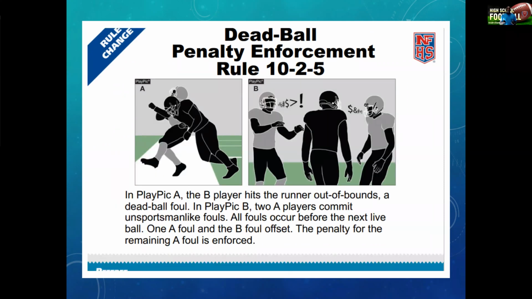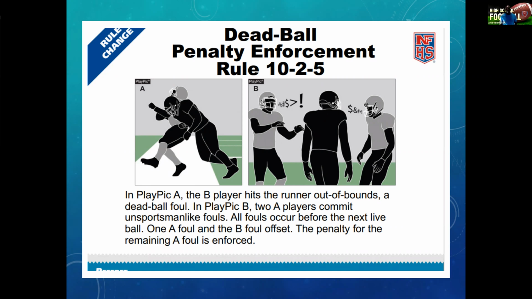Now, here's another instance. In pick A, the B player hits the runner out of bounds, a late hit, and a dead ball foul. So it's a dead ball personal foul, 15-yard penalty. And in pick B, 2 A players commit unsportsmanlike conduct fouls. Can you see it? Late hit. Then 2 players get in his face, saying something they shouldn't be saying because they're mad because they hit one of their teammates out of bounds.